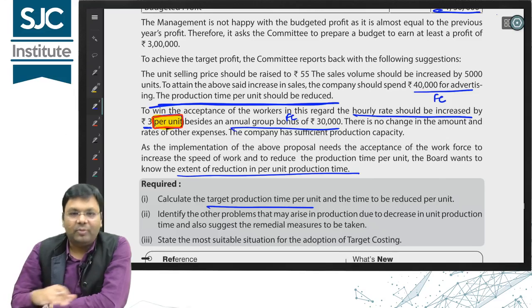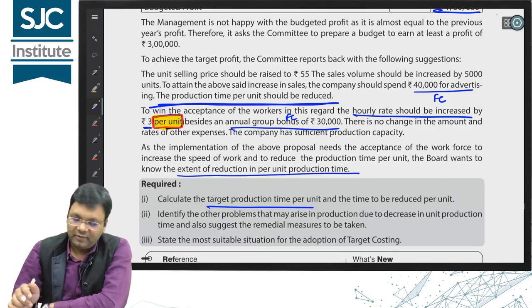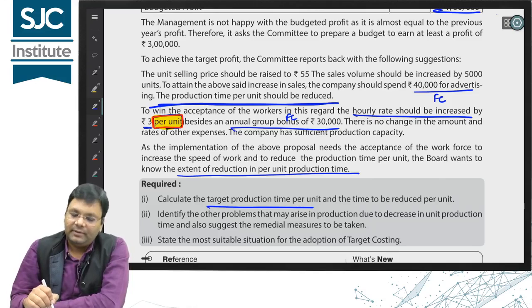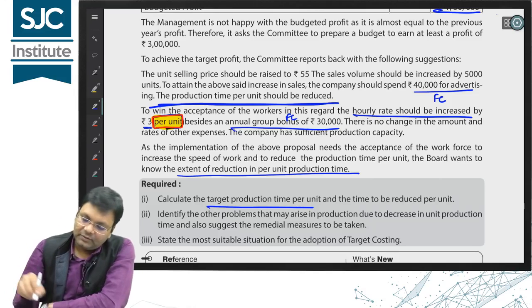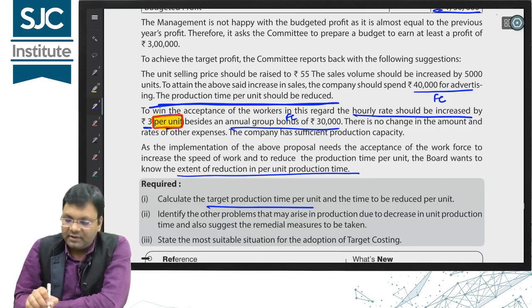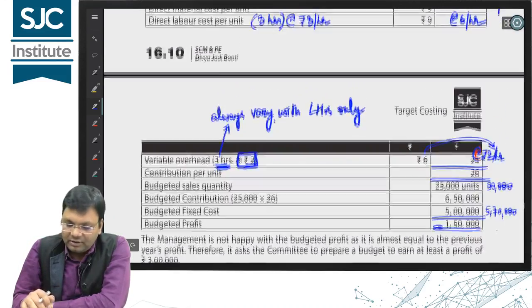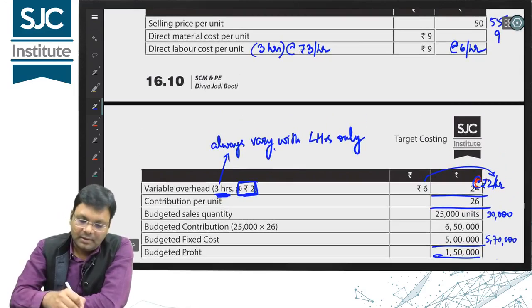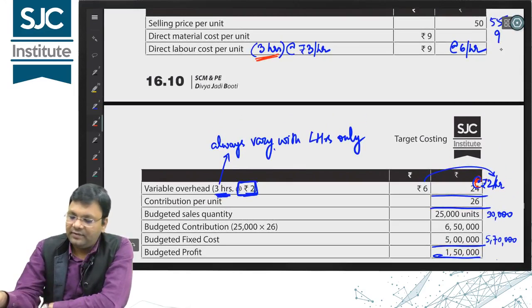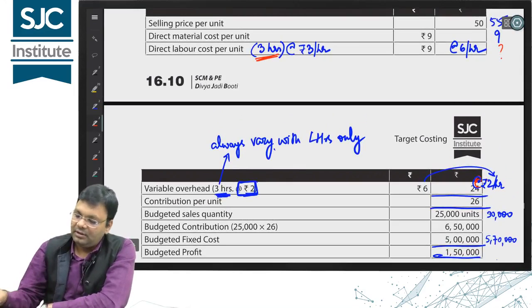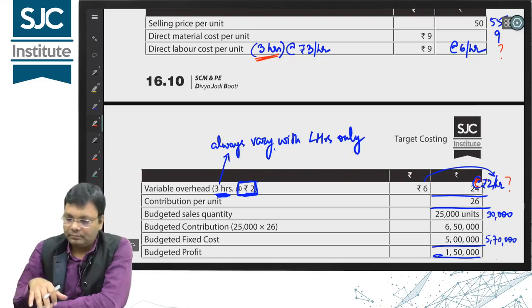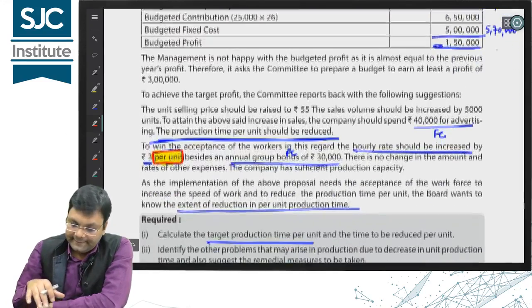So this entire proposal can only be implemented when the workforce reduces the time per unit. The idea is to find out the new production time. Instead of 3 hours, what will be the new time based on this revised working?